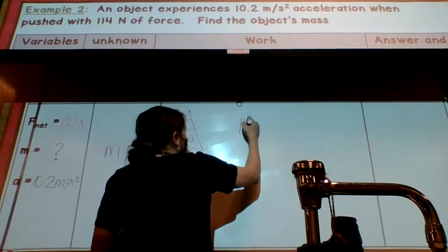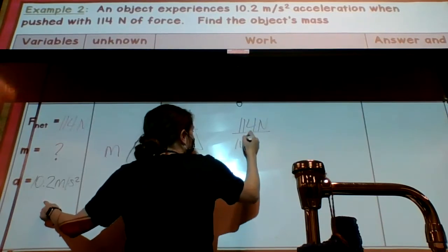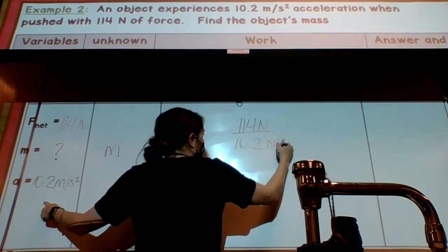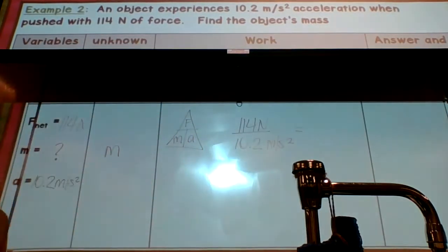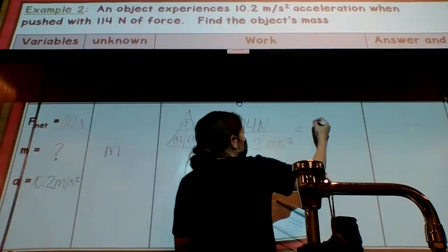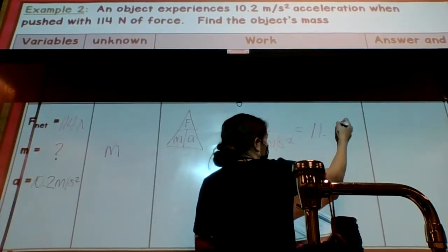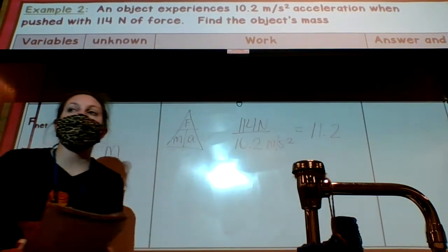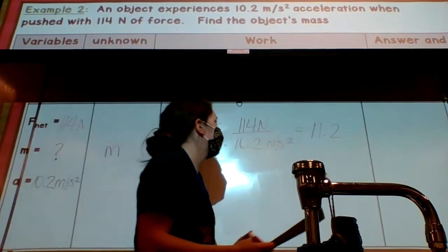So 114 newtons divided by 10.2 meters per second squared. 114 divided by 10.2, you get 11.2.